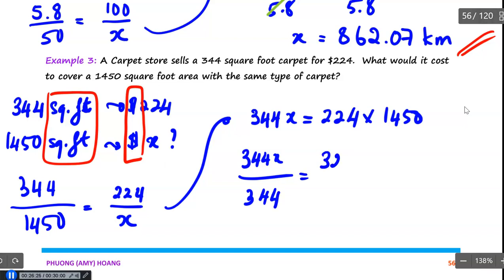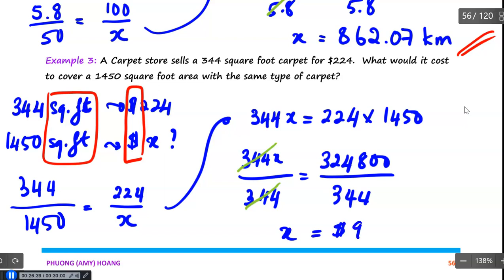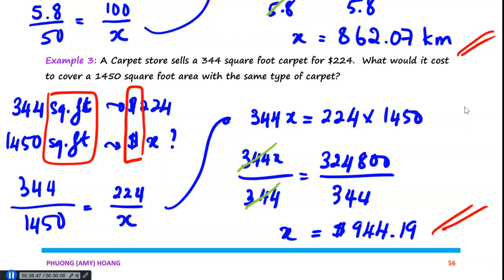So this should give me this number divided by this number, so this cancels out. This should give me x equal to $944.19. So we are talking about currency, so we may want to round to 2 decimal places.